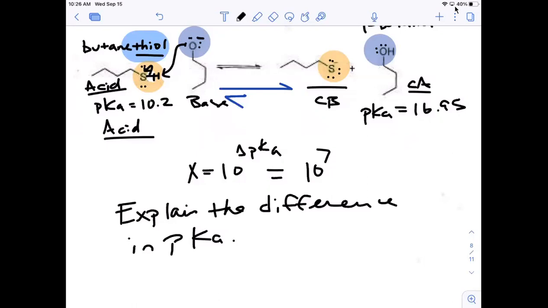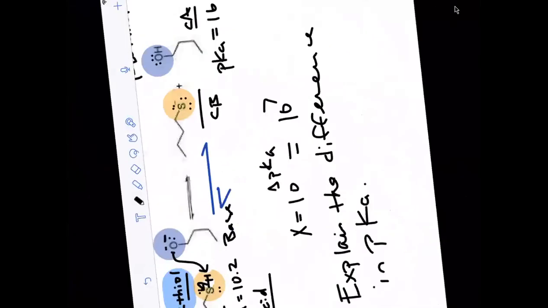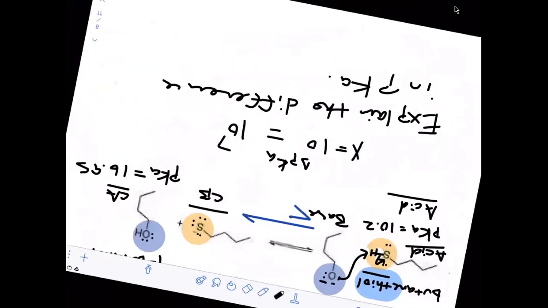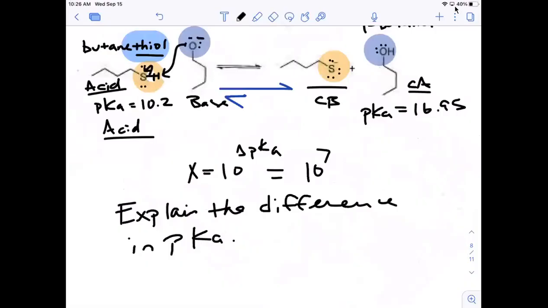has a larger atomic radius. Now, here's the thing. Oxygen is more electronegative. Am I right? Yes. Oxygen has electronegativity, and it's above sulfur, right? Of 3.5. And sulfur, I'm not sure what the exact number is.